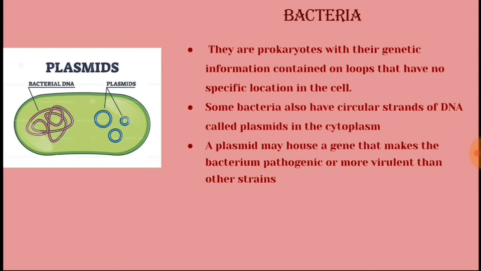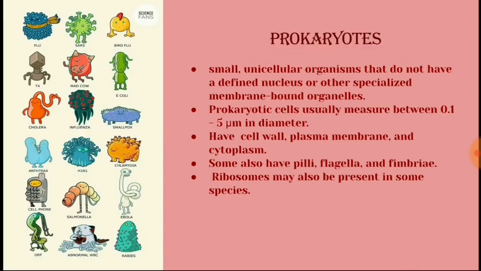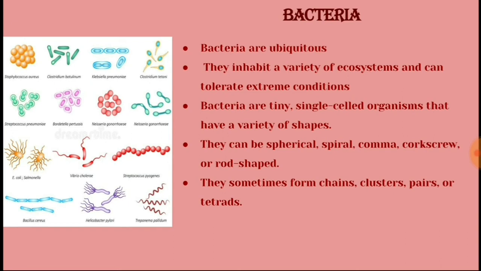There are also hair-like appendages, as I mentioned in the previous slide, the pili. I said that certain prokaryotes have pili, flagella, and fimbriae. So bacteria may contain flagella or hair-like pili, and these help in the transfer of DNA from one bacterium to another.